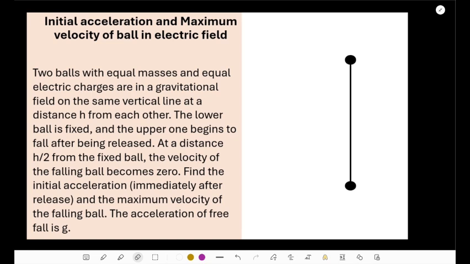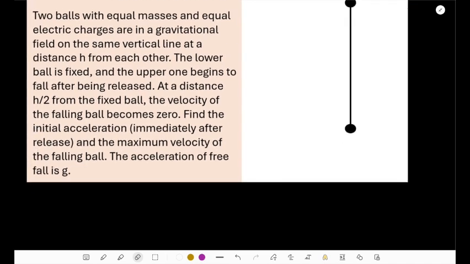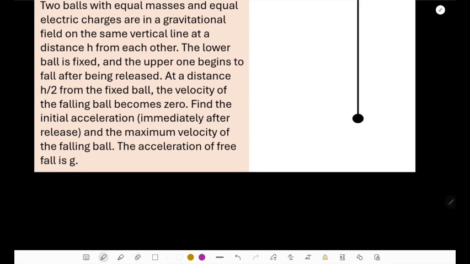I'm going to equate the energies of the balls in the initial position, when they are at distance h from each other, and at the moment the top one stops, when the ball is at a distance h by 2. I've set the datum 0 potential energy level at the bottom, fixed ball.